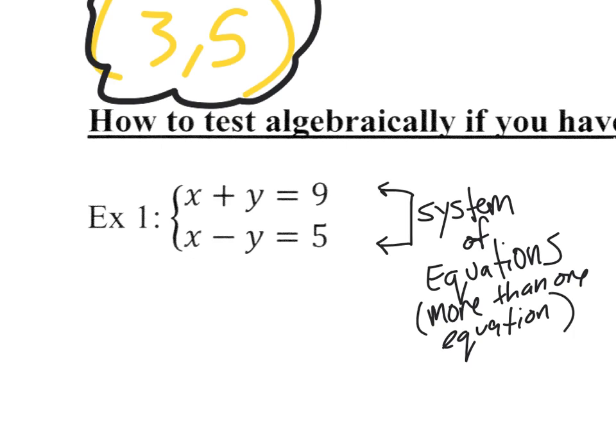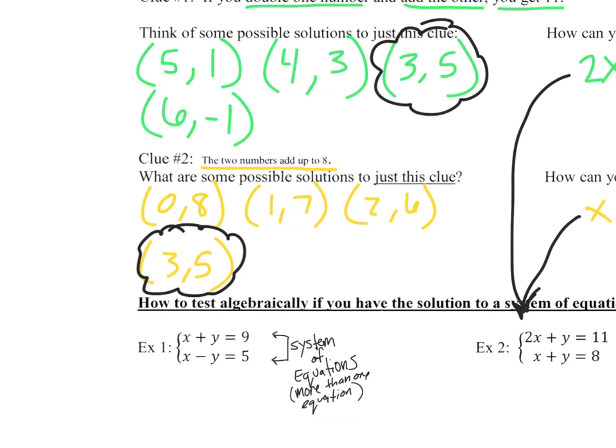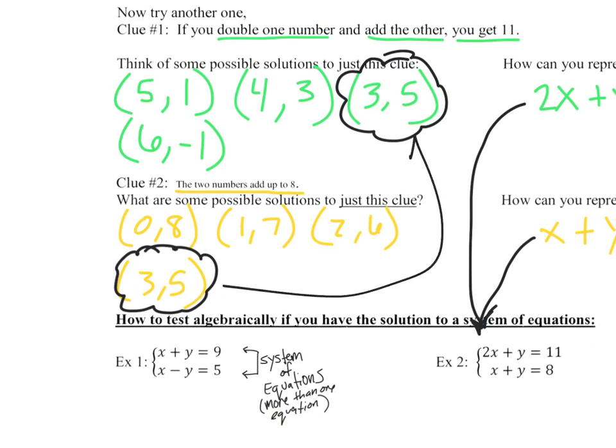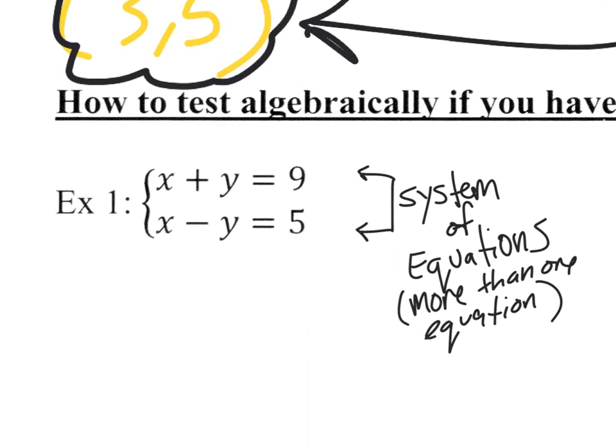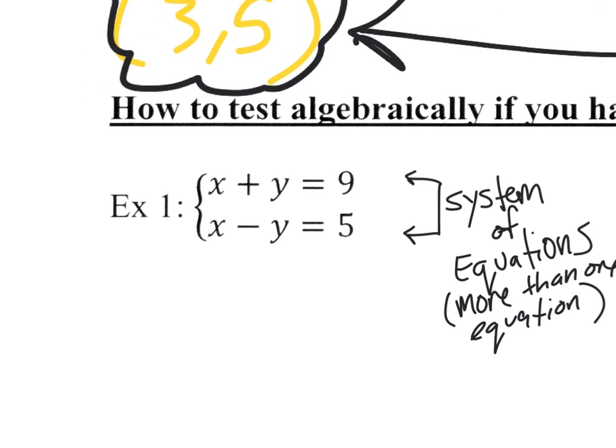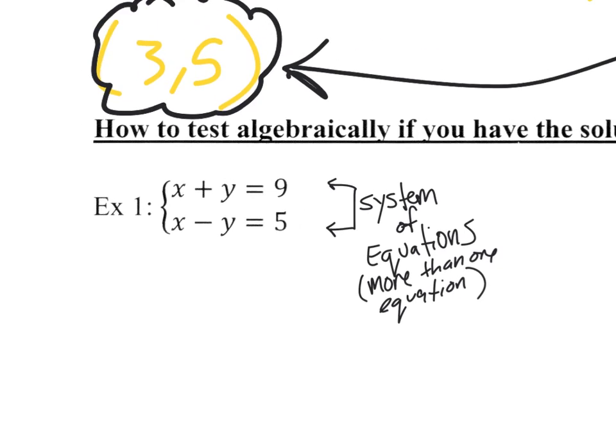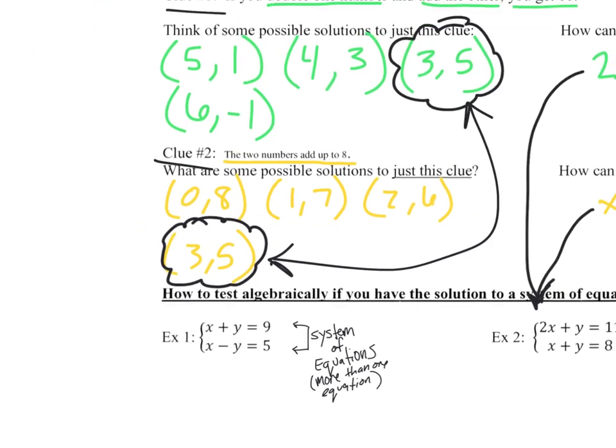And the answer to a system is like the answer to these clues. We're trying to figure out the one coordinate point, or the one set of numbers, that satisfies both clue number 1 and clue number 2, which in the same way, we're looking for the x and the y that satisfies both of those equations.